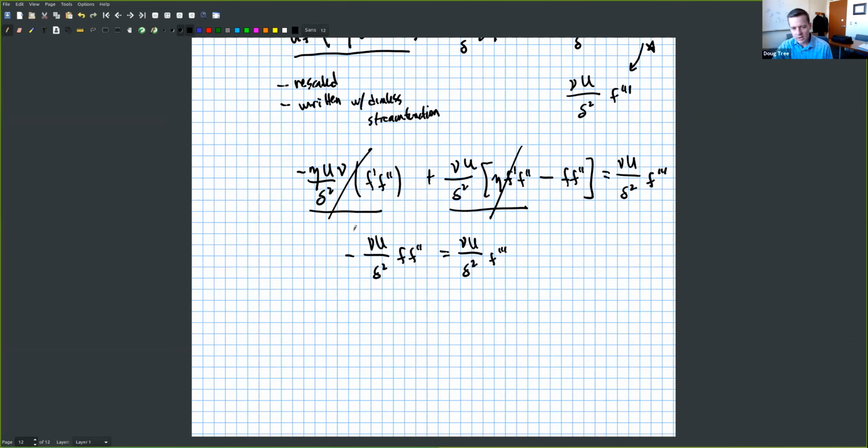And look, the prefactors on these are the same. I'll move all that, and all I get is f triple prime plus f double prime is equal to 0. And that's the final thing. That's called Blasius equation.